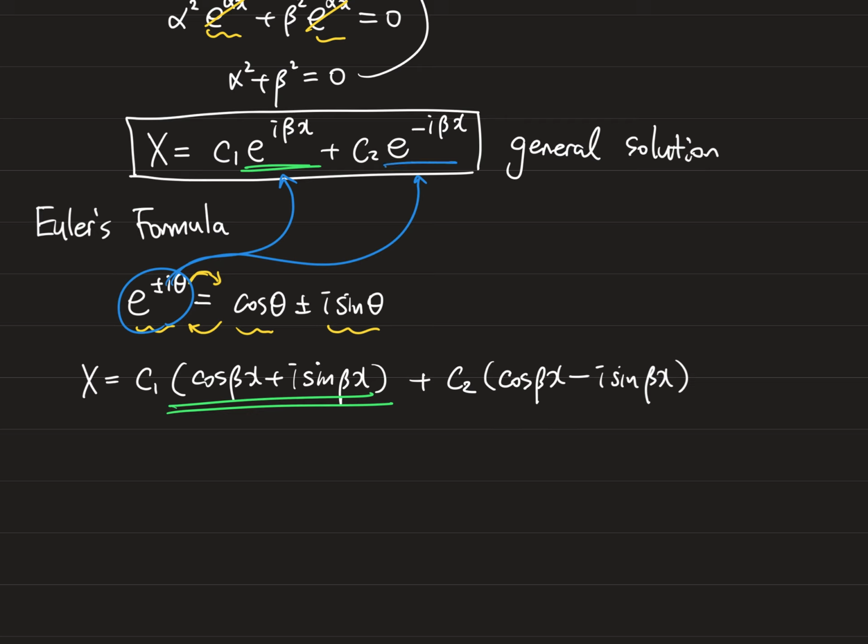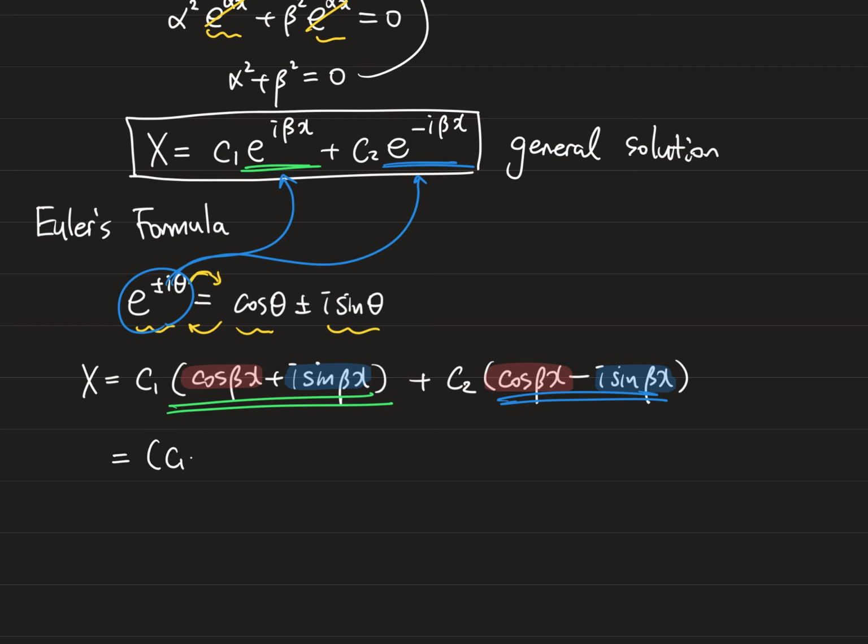This is the expansion of the second exponential function. Now we can regroup the terms. We separate the real part, which is this one and this one, and the imaginary part, this one and this one.